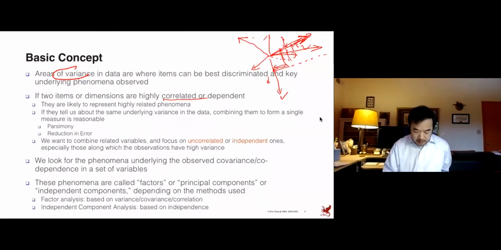Okay, and then the problem now turns into looking into the data cloud and identifying some underlying directions, which are not given explicitly in the data, but describe the extent of information and the extent of redundancy or non-redundancy in the data, right?